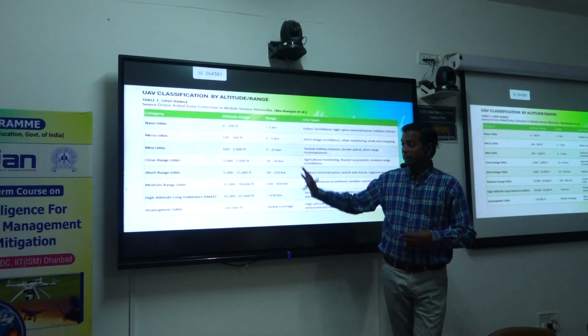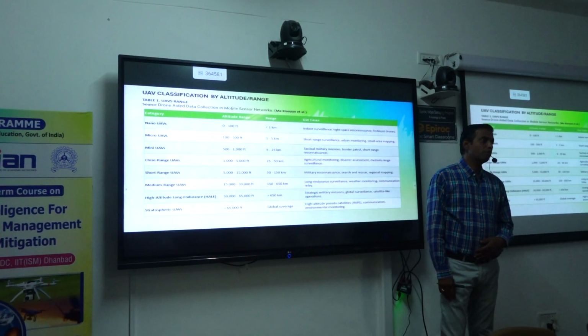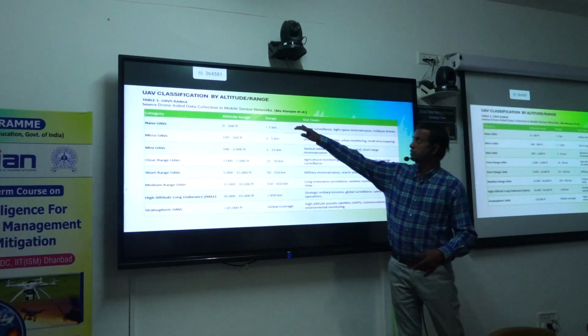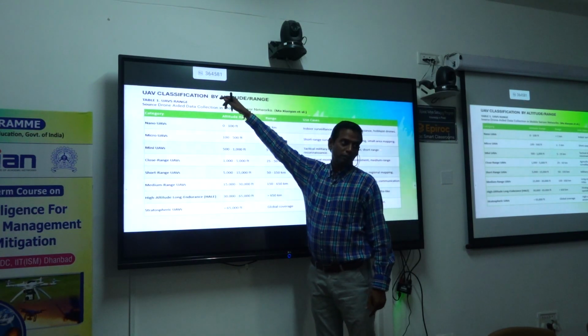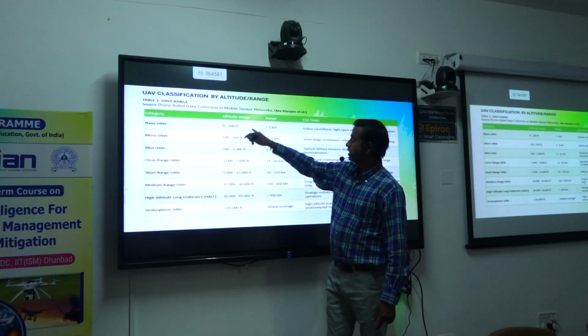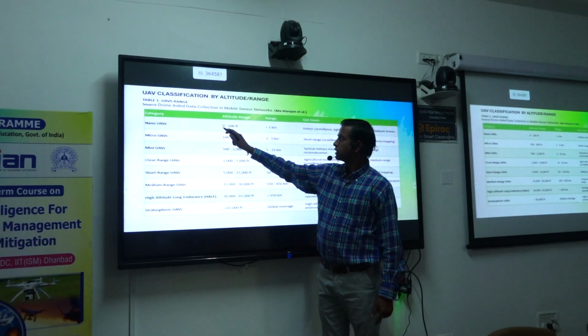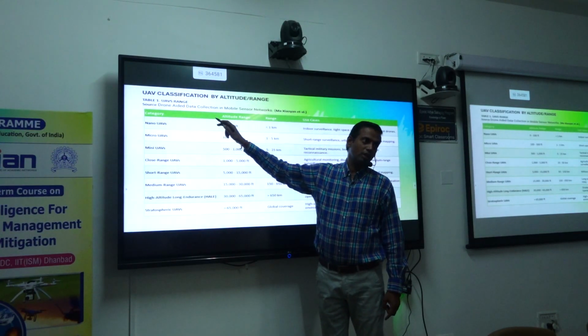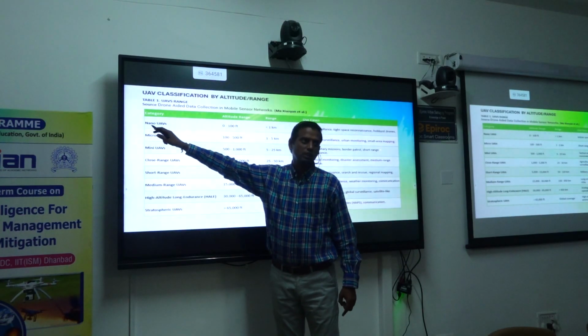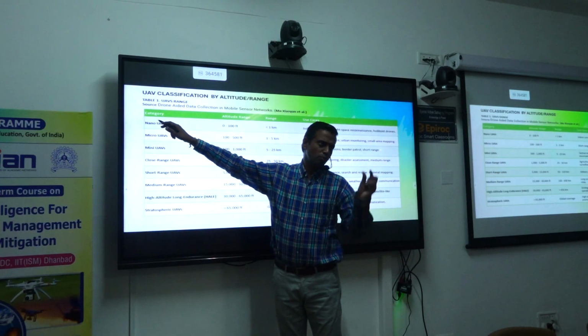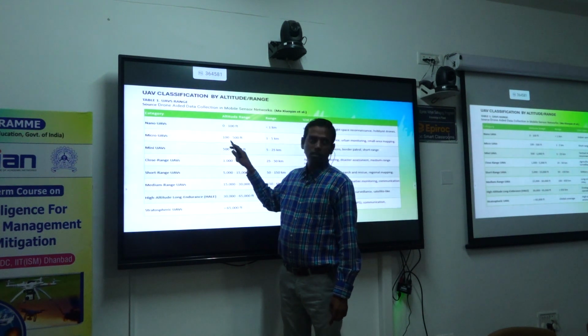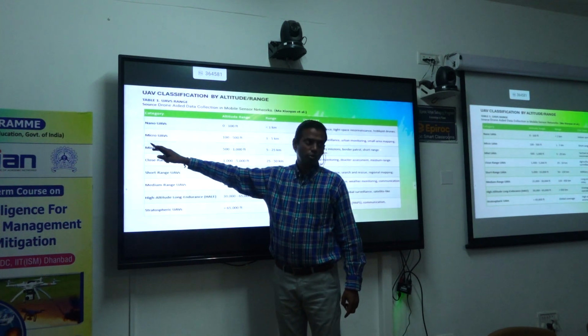Now this particular slide will give you the UAV classification on the basis of altitude and range. Let's see the altitude. If it is flying 0 to 100 feet, we call those nano UAVs, very small. The next one is 100 to 500, micro UAVs.